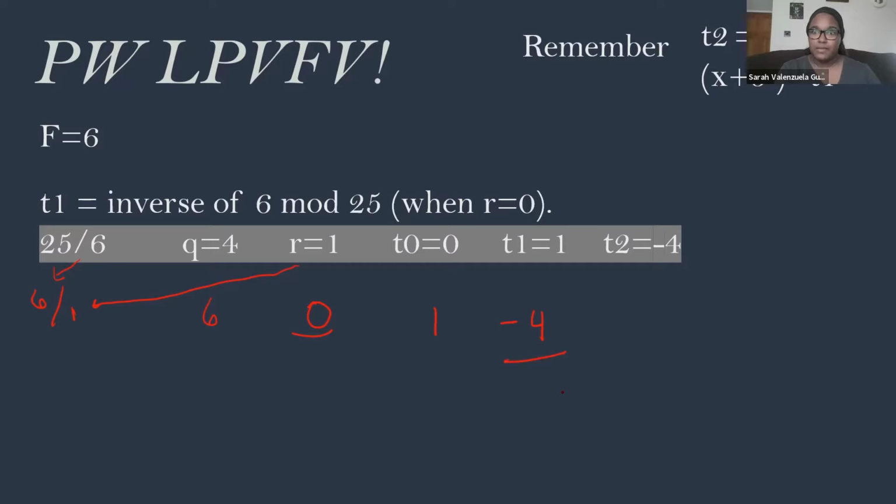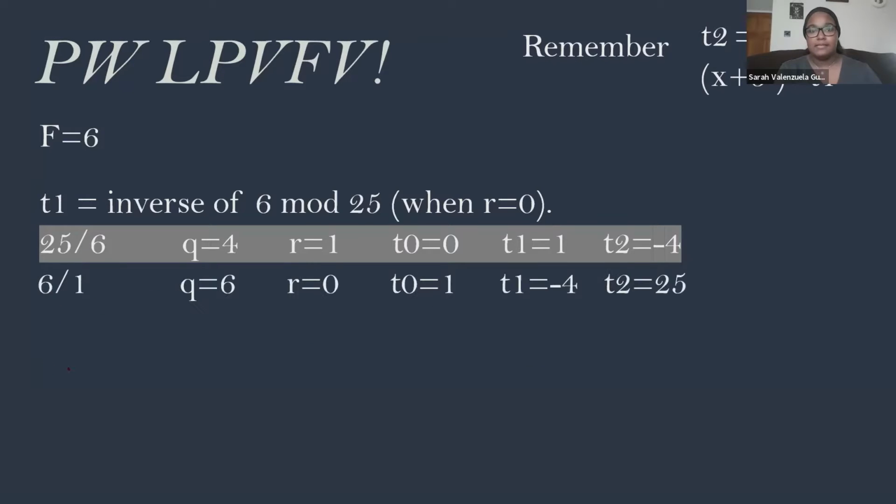But what happened now? We ended up with a negative T1, but don't panic. When we have a negative value, we only have to find its positive counterpart. In these cases, minus 4 in modulus 25 is turned into 21 modulus 25. But you will ask why.